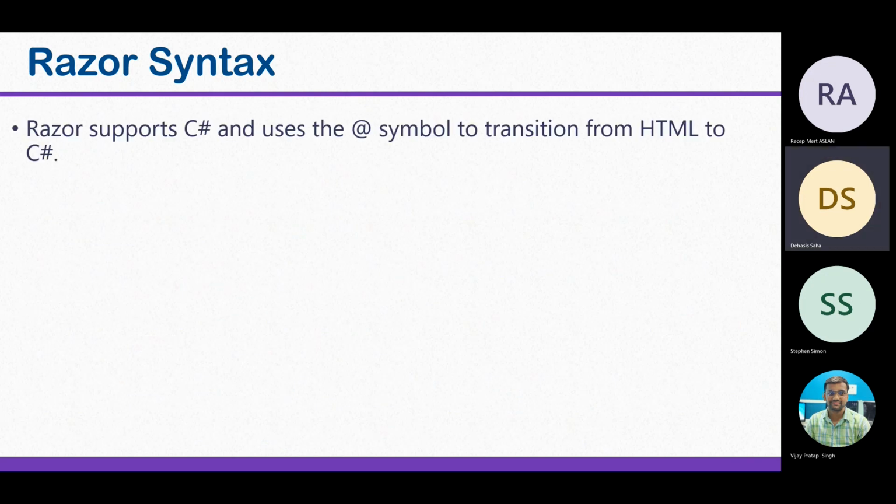While writing Razor syntax, we have to follow some protocols or guidelines. Razor syntax supports the C# language and always uses the @ symbol to transition from HTML to C#.